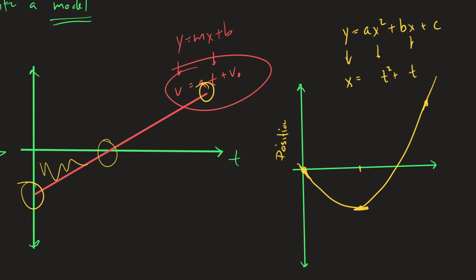So what do these variables stand for? Well, we've got a clear idea of what they should stand for just by looking at our motion equations. c has got to be the initial position. b has got to be the initial velocity. And we know that a isn't the acceleration, but half the acceleration. This is the model that we would apply to a position graph.